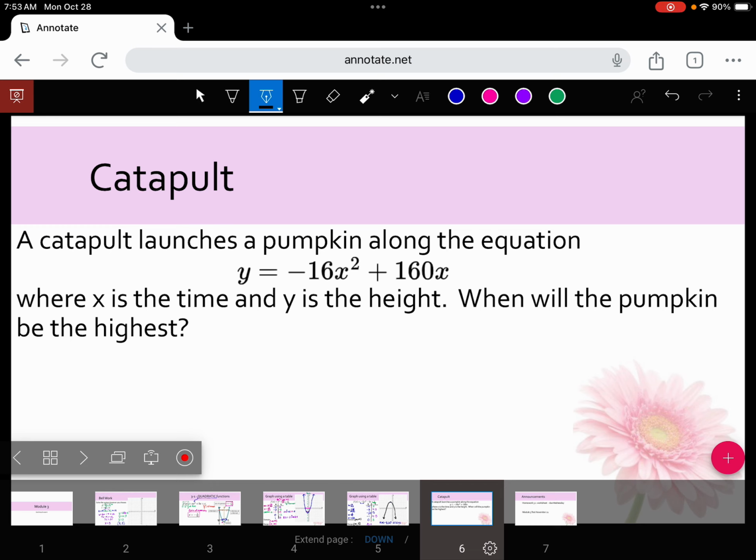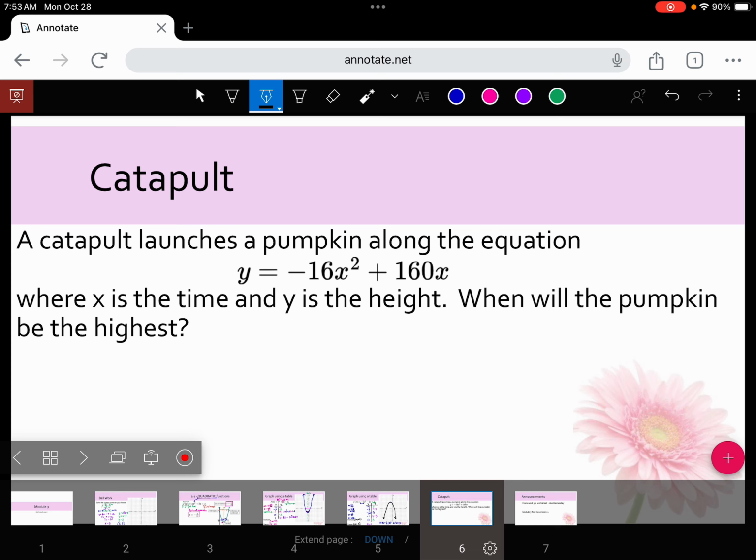There is no C. But we're also not trying to graph it. We're trying to figure out when the pumpkin is going to be the highest. So what point am I looking for, if I want to know when it is the highest? The absolute maximum.